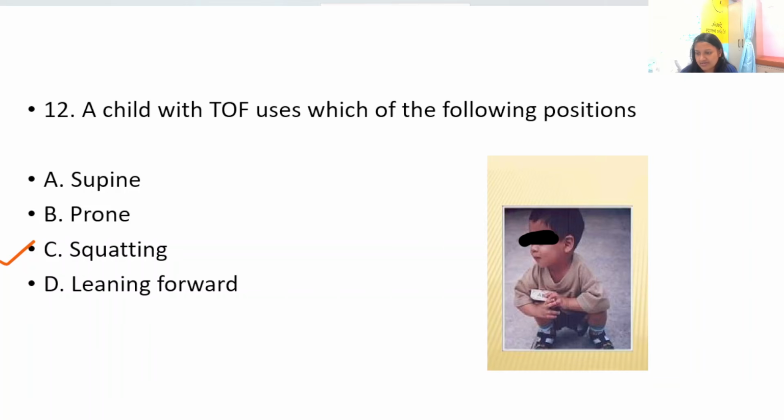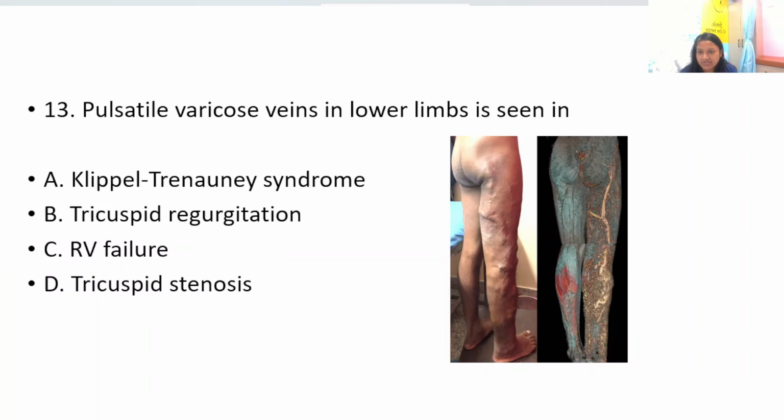Pulsatile varicose veins in lower limbs is seen in, okay, here is a picture of lower limb varicose veins. Your options are Klippel-Trenaunay syndrome, tricuspid regurgitation, right ventricular failure, and tricuspid stenosis. Among these, varicose veins are due to venous lymphatic malformations.